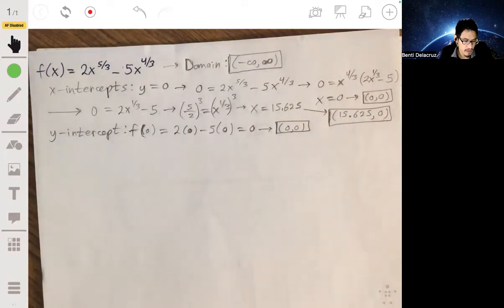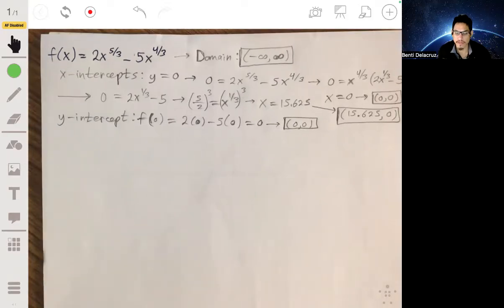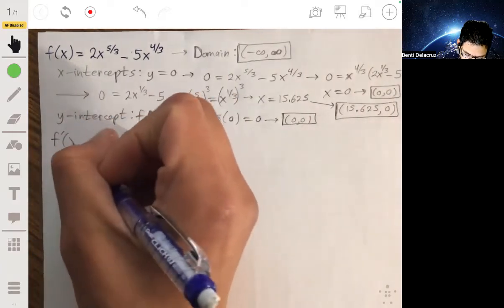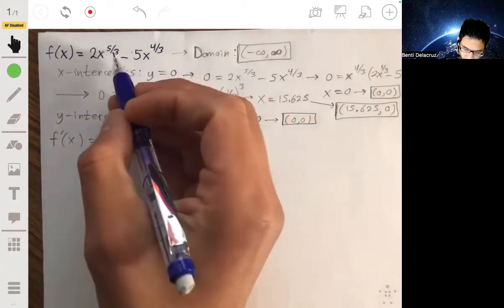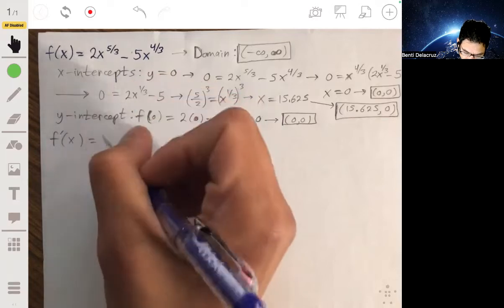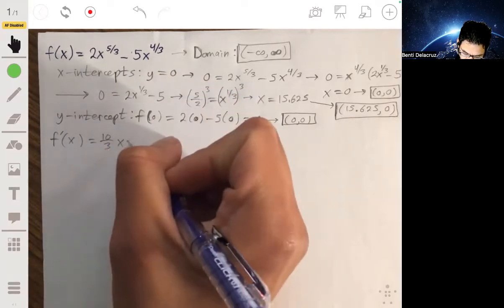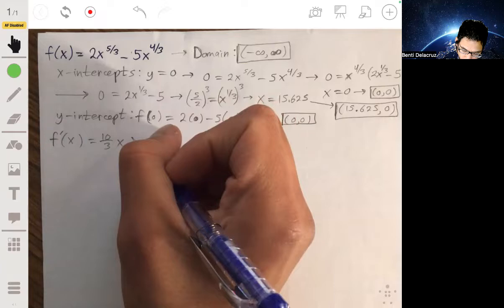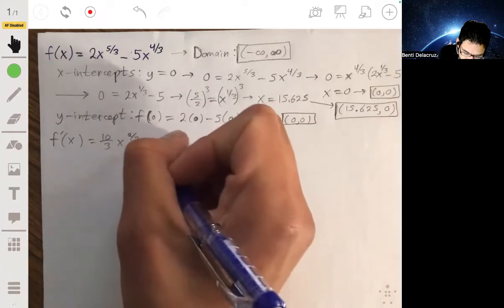All right, now let's do the calculus. Let's find the first derivative, f prime of x. Power rule: 5/3 times 2, so 10/3 x. The 5/3 minus 1 power will leave me x to the 2/3 power.